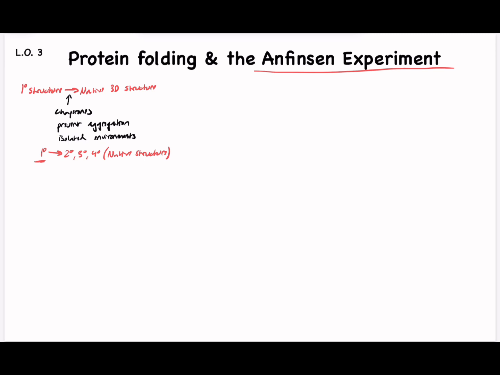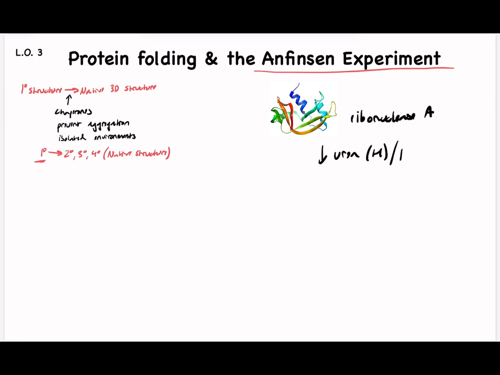And so how this experiment worked is that the protein, this one, ribonuclease A, was exposed to urea, which destroyed H bonds or hydrogen bonds, and beta-mercaptoethanol, which destroyed disulfide bonds.